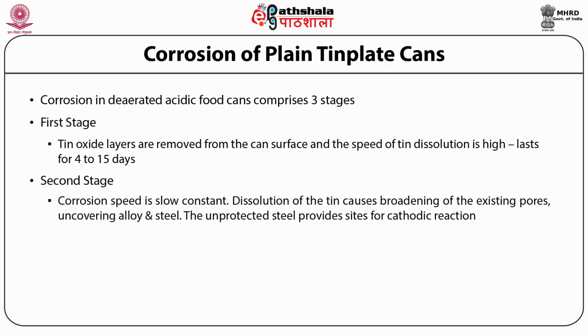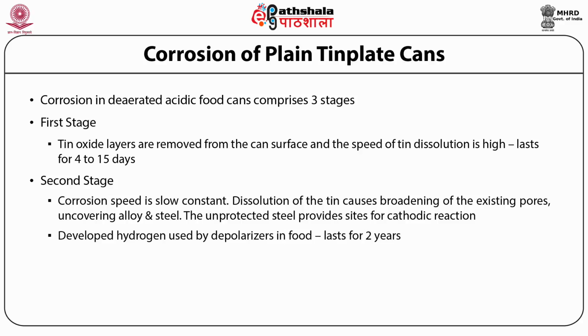Continued dissolution of the tin causes broadening of the existing pores and scratches, uncovering more and more alloy layer and the steel. The unprotected steel provides sites for cathodic reaction and the developed hydrogen is taken up by the depolarizers in the food.